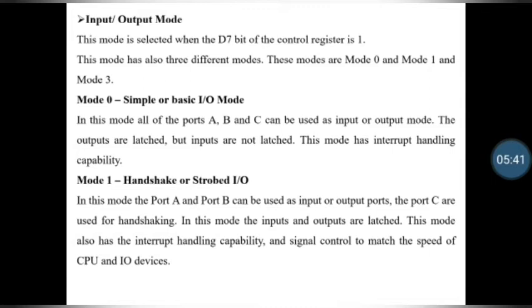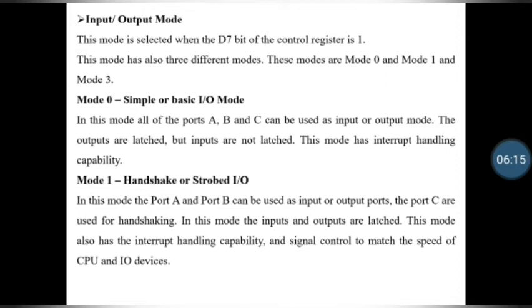So the first is mode 0. This mode 0 is also called the simple input output mode, because it provides simple input output capability using each of the 3 ports. Means it provides simple basic input output capabilities, and data can simply be read from or written to the input output port respectively.